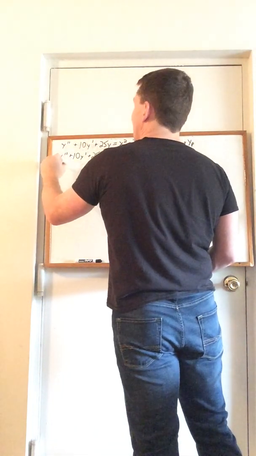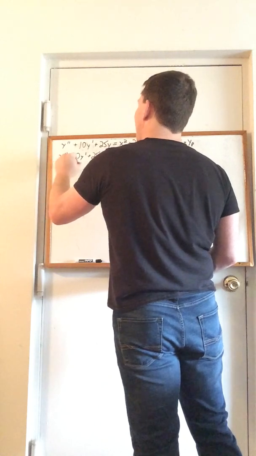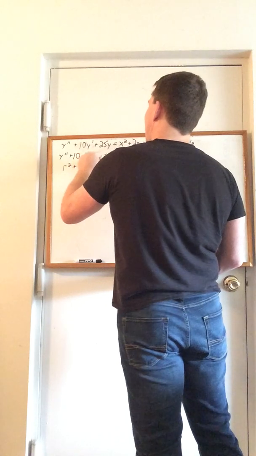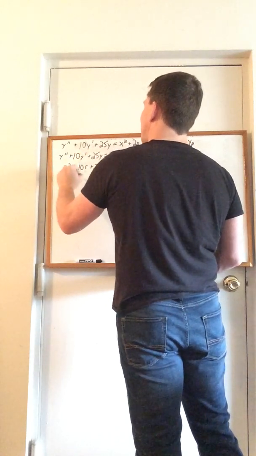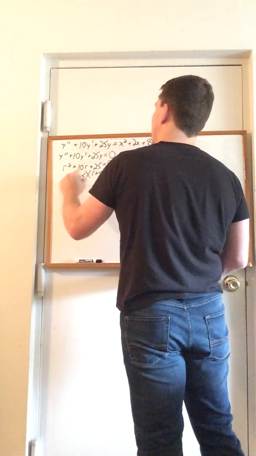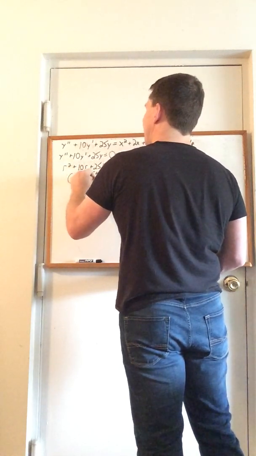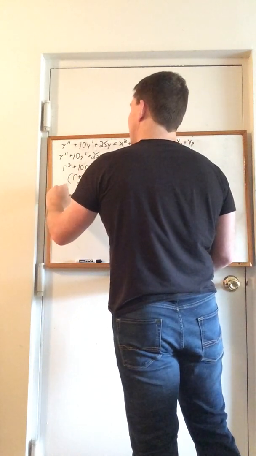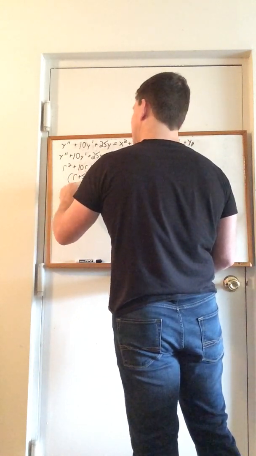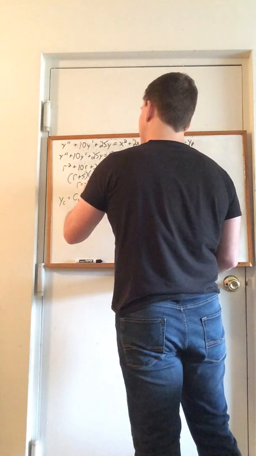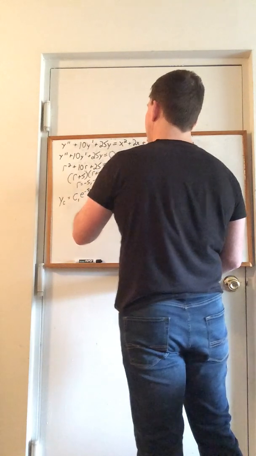We'll look at the characteristic equation first: r squared plus 10r plus 25 equals 0, which factors to (r plus 5)(r plus 5). So I get r equals negative 5 and negative 5. So I have a repeated root, and y sub c is c sub 1 e to the negative 5x plus c sub 2 x e to the negative 5x.